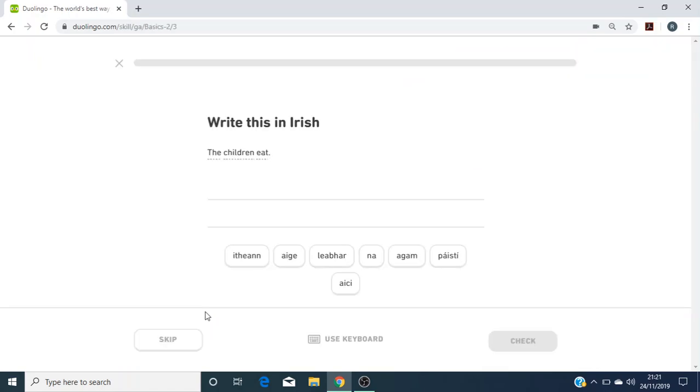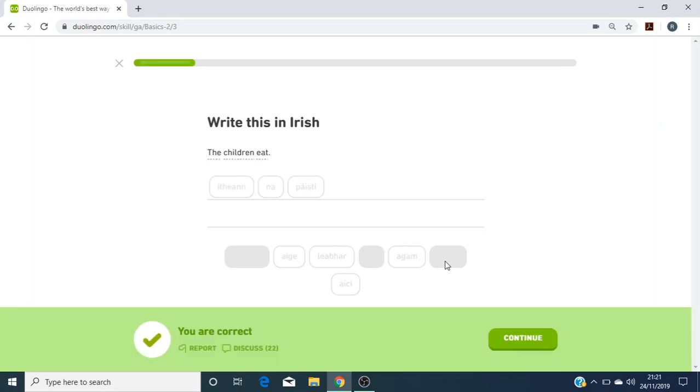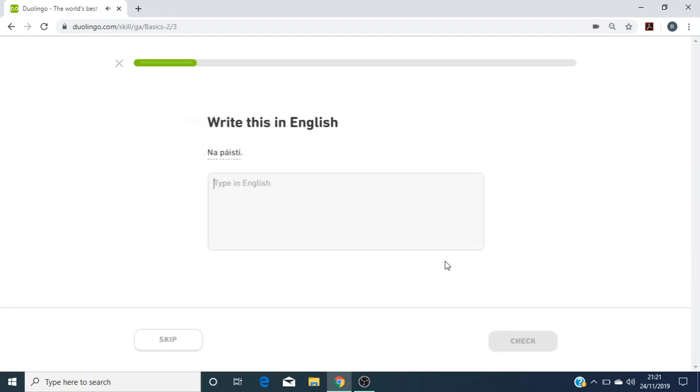So, this should finish this lesson. The children eat na páistí. Oh no, it's, yeah, remember the verb to eat's got to go at the beginning. So ithean na páistí. Na páistí. The children.